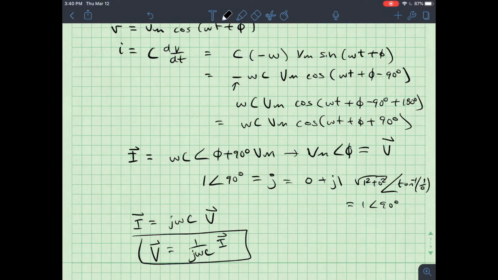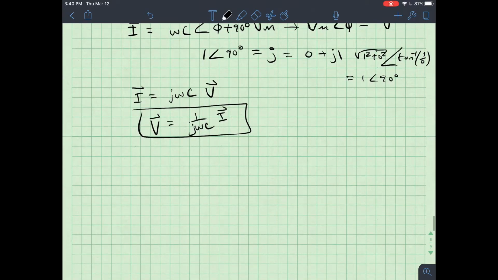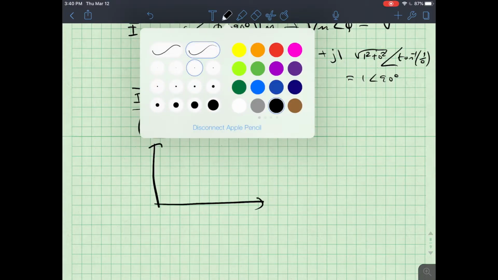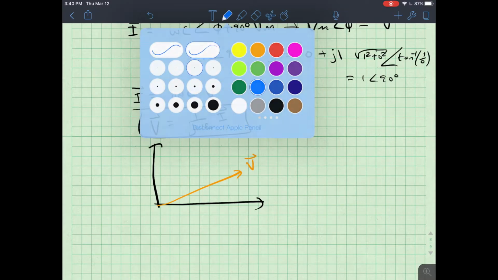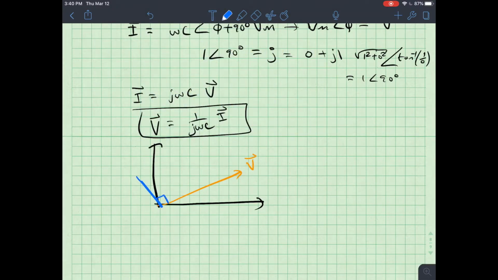And if I draw a phasor diagram for this, I'll have my voltage, which I think that I used orange for before. I've got my voltage, which is right here. And then I've got my current separated by 90 degrees from that. That voltage has a phase phi.